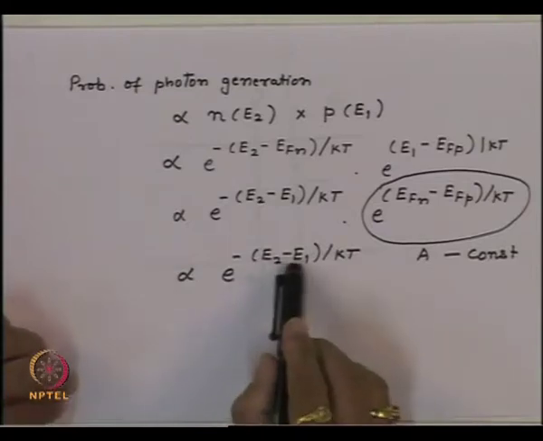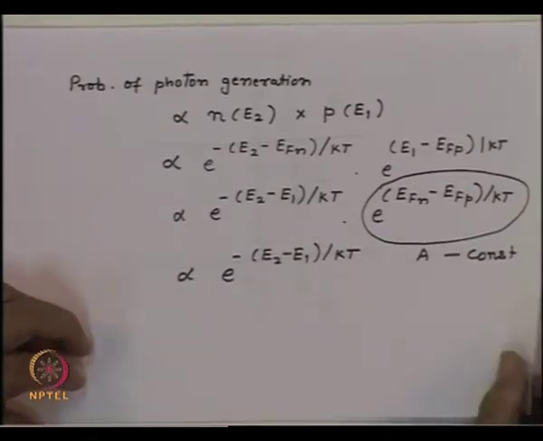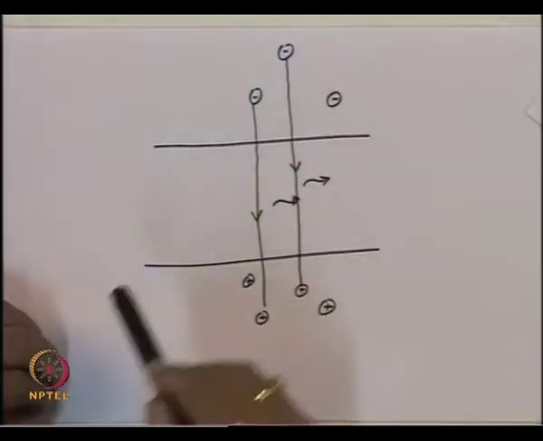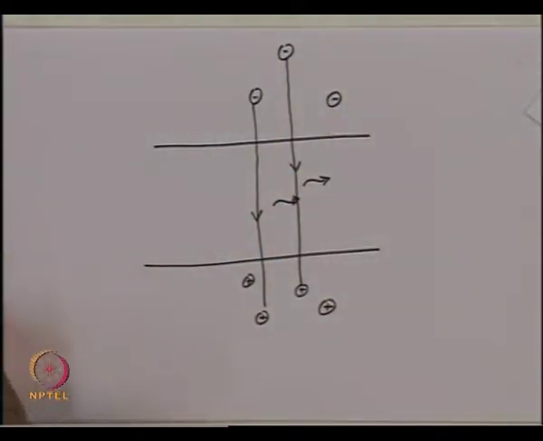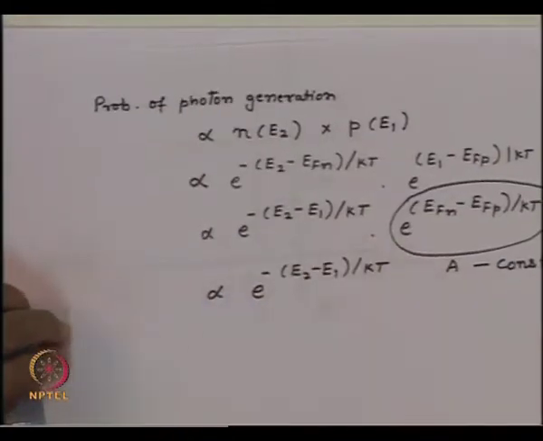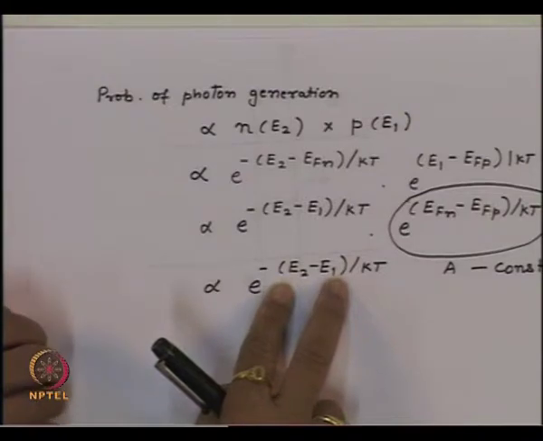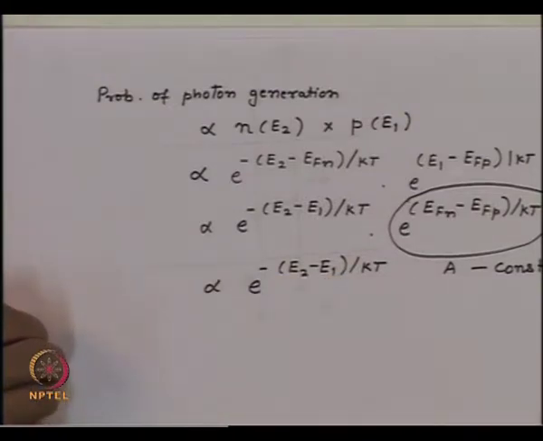This quantity E2 minus E1 is constant, but we have all possible pairs which we have to add to find the total number of photons generated. In other words, we have to integrate this quantity for all possible energies for which the difference E2 minus E1 is equal to the energy of the photon, EPH.